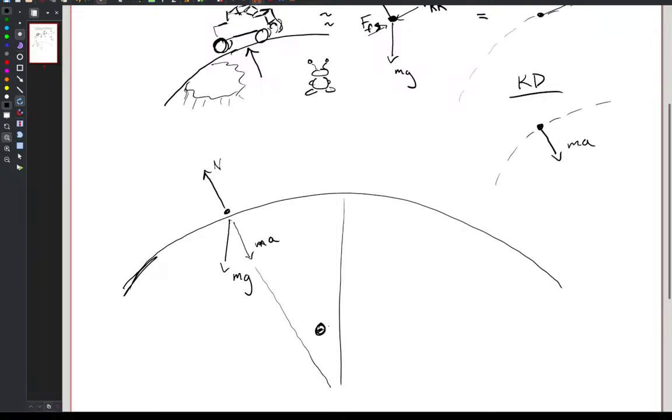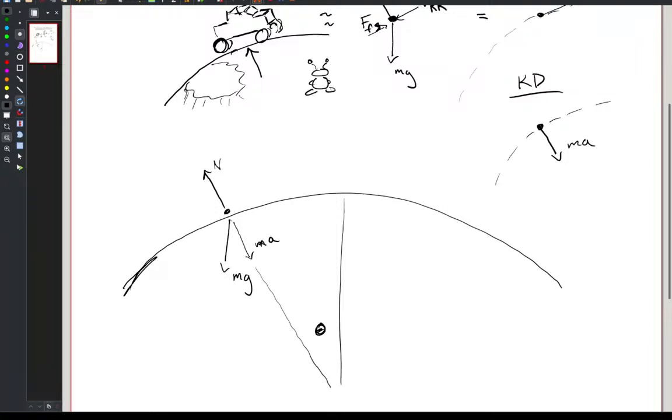So if we assume theta is small, we could do a small angle approximation.